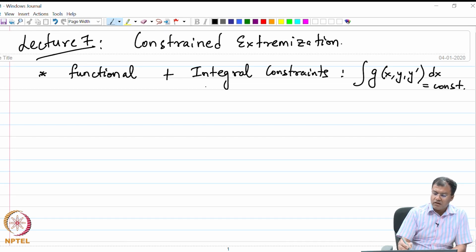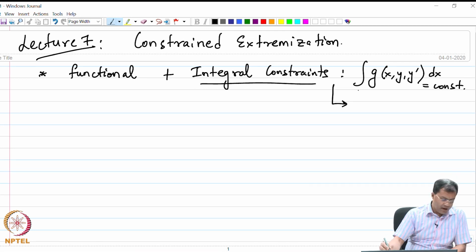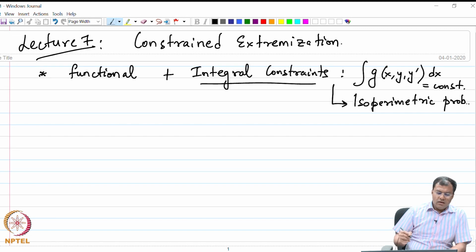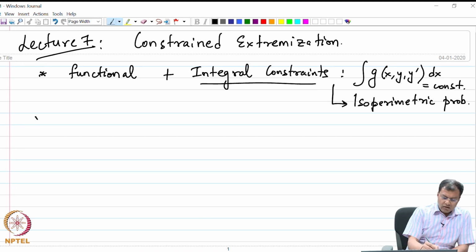If we have constraints of this form, I call this class of problems isoperimetric problems.